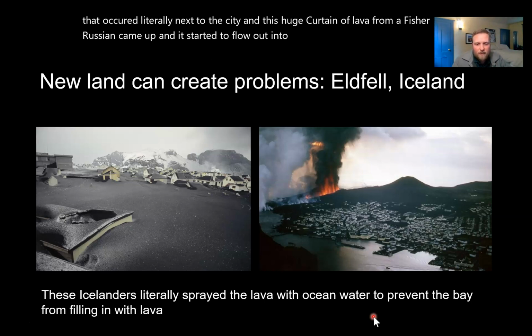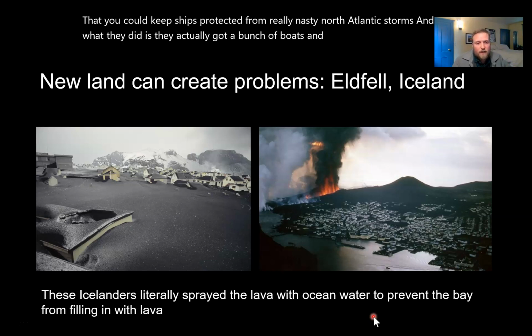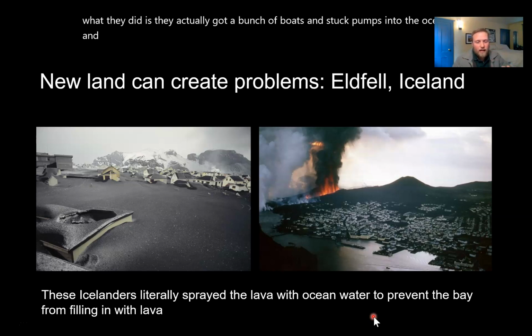This entire city's economy was based on fishing, and this was one of the few safe harbors in Iceland that could keep ships protected from really nasty North Atlantic storms. So they got a bunch of boats and stuck pumps into the ocean and had water guns and sprayed ocean water onto the advancing lava flows to prevent the bay from being filled in.